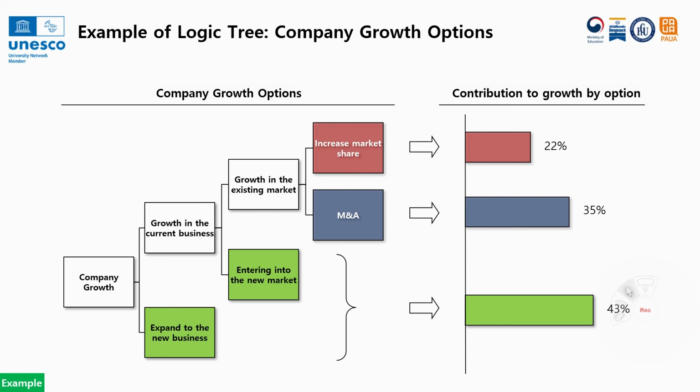Of course you have to increase the market share by doing your best in your own areas. But think about the other options, expanding to the new business or new markets. That gives the highest growth contribution to the company growth in general.